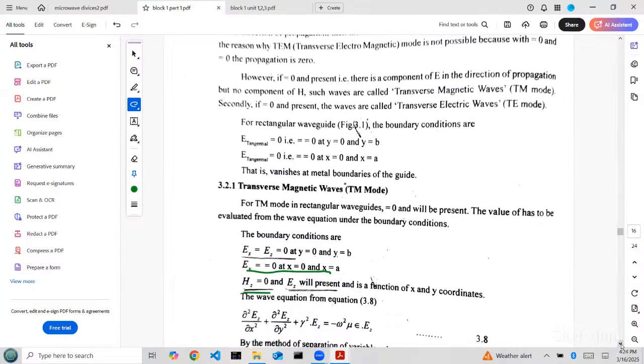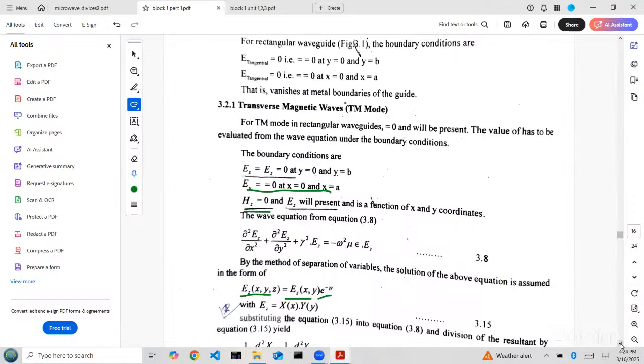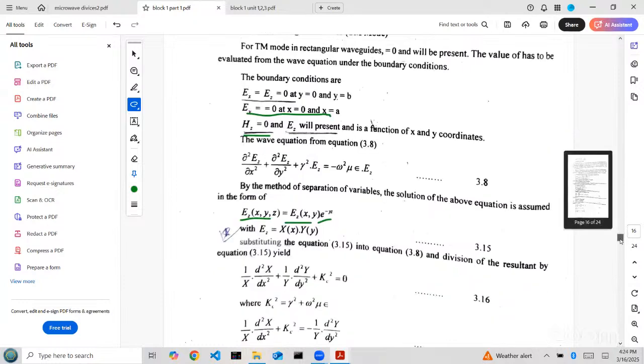After writing boundary conditions, take the wave equation. This wave equation we simplify using the variable separable method, bringing one x term, one y term, one constant term.